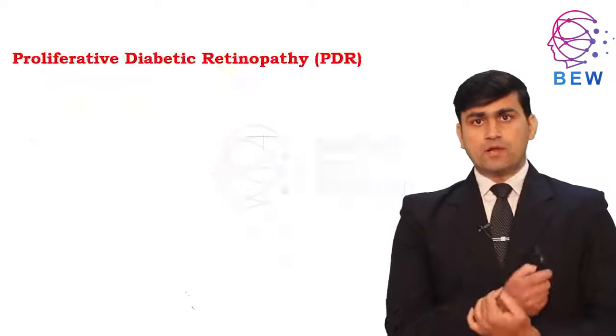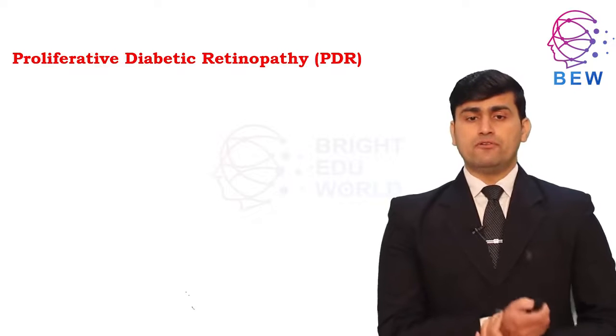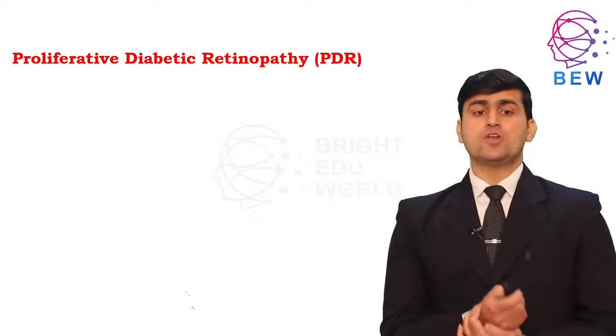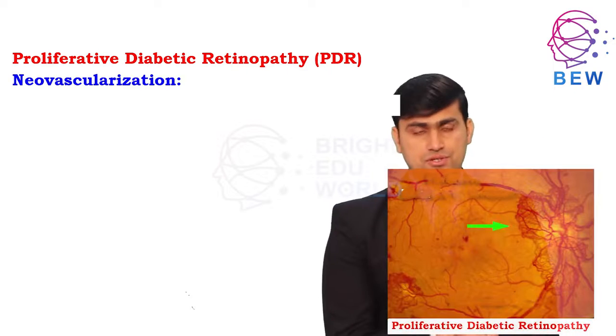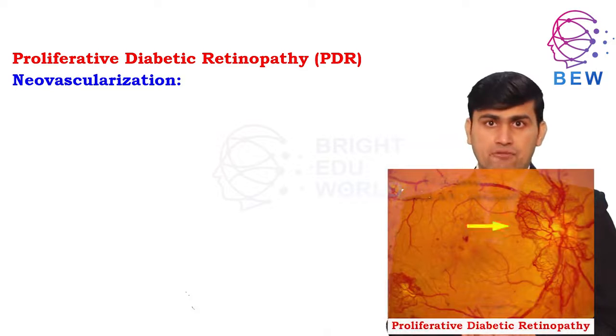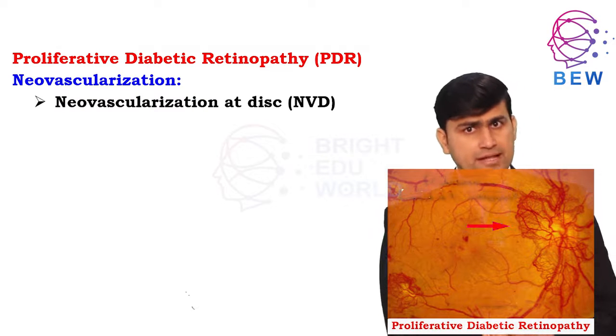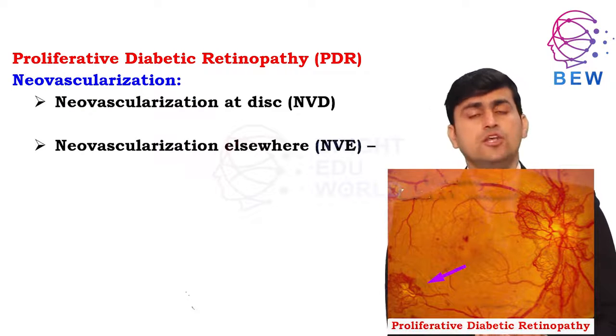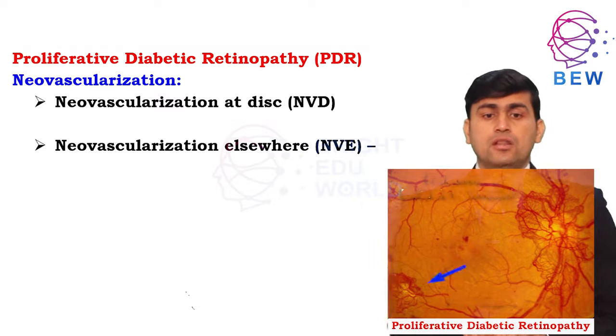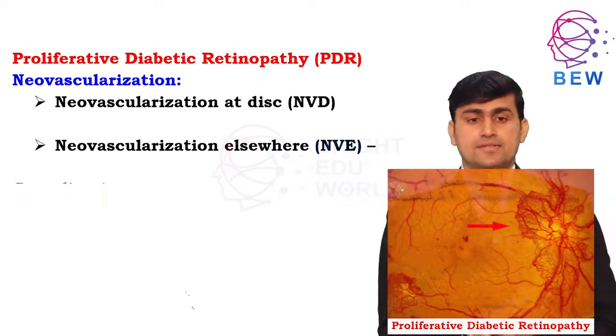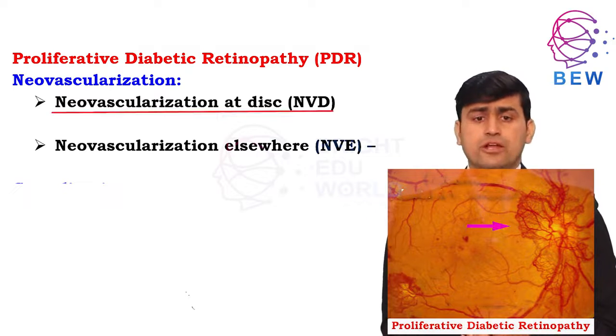Now, what is proliferative diabetic retinopathy? The hallmark of proliferative diabetic retinopathy or PDR is the occurrence of neovascularization. So, either it can be NVD or neovascularization at disc or NVE, that is neovascularization elsewhere. When do you call it NVD?